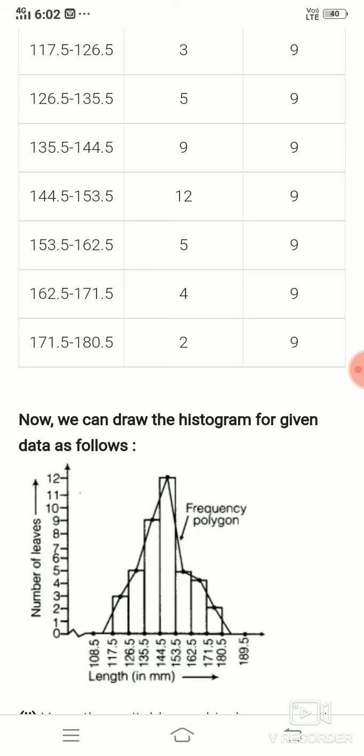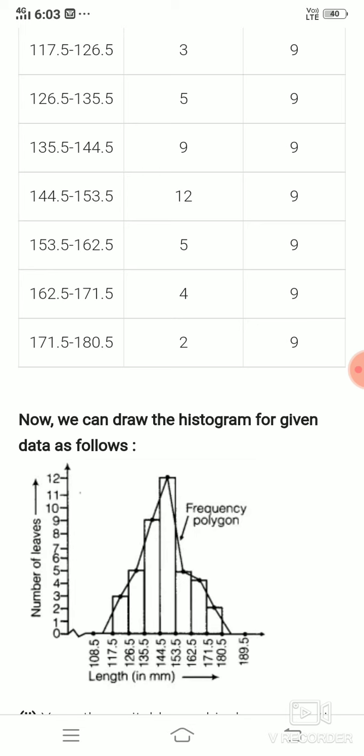There is no need to draw exactly 9 units on the x-axis. You can use 1 unit as 1 centimeter, one centimeter in width. The class width is 9, but on the x-axis one unit is 10 lines, that is 1 centimeter, so there is no need to draw exactly 0.9 centimeter.